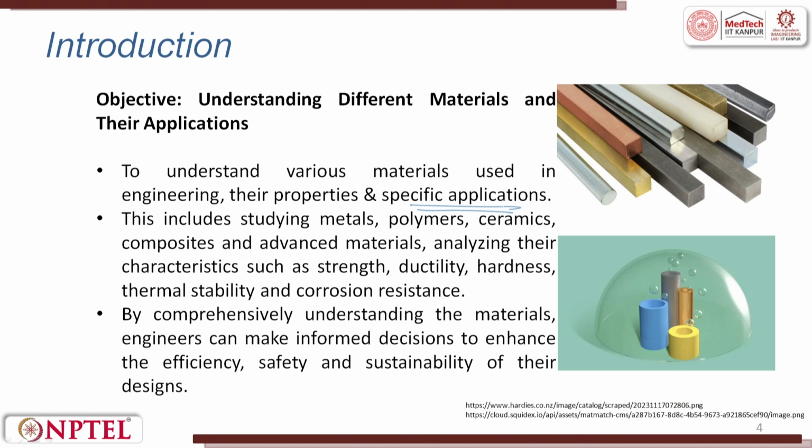For example, when you try to make a toy which is given to kids, the most important parameter should be that it has to be light in weight. Second, it has to have huge impact resistance. The third one should be that it should not be toxic in nature, because the kid will always try to put it in his mouth. When it is annoyed, it will throw it, or when it wants to have fun, it will throw it.